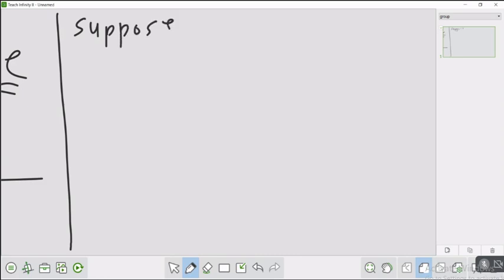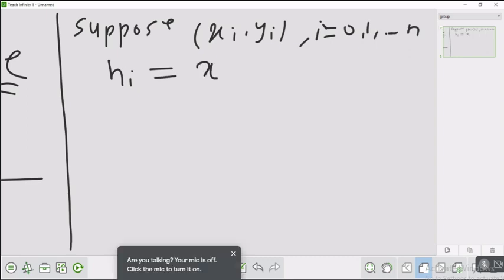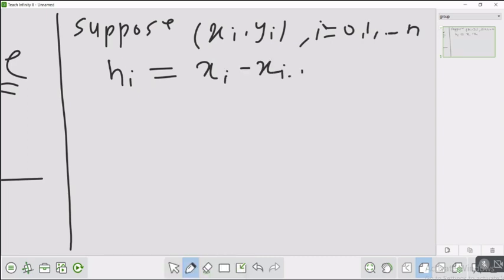Suppose we have a data set (xi, yi), and we have n plus 1 points, and we are defining the size of the intervals to be hi. I mean, hi need not be constant, meaning the points you are partitioning with need not be equidistant.